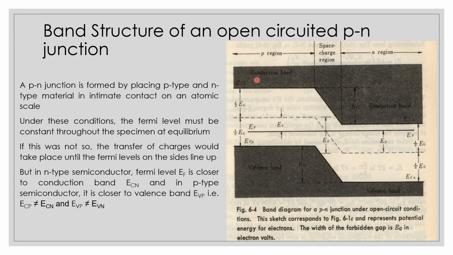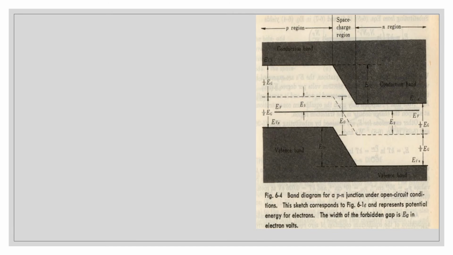This is the conduction band and this is the valence band for the P side, and this is the conduction band and the valence band for the N side. So ECP is not equal to ECN and EVP is not equal to EVN. That is, there is a shift in energy levels in a PN junction as shown in the figure.